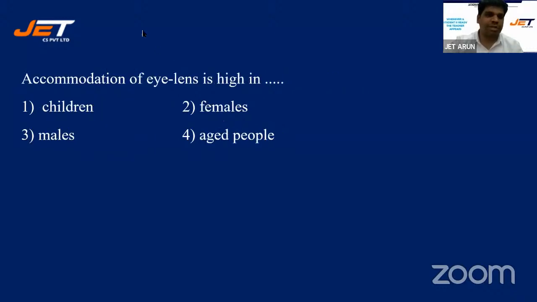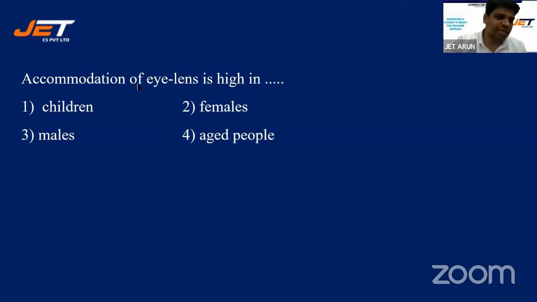Look at this one. The accommodation of vision is high in children, females, males, aged people. The accommodation of vision is high in. Oh, yeah, Rahul, you have got two answers.